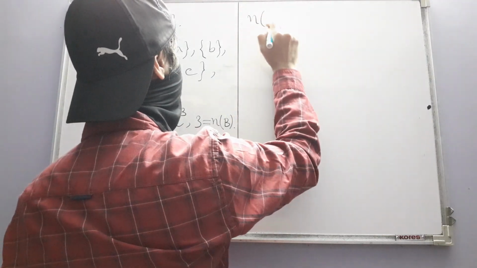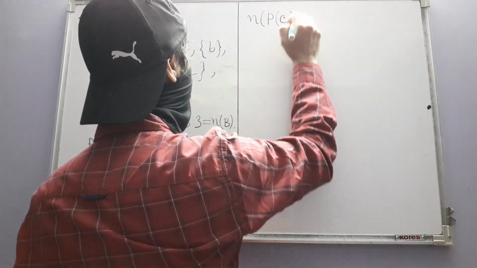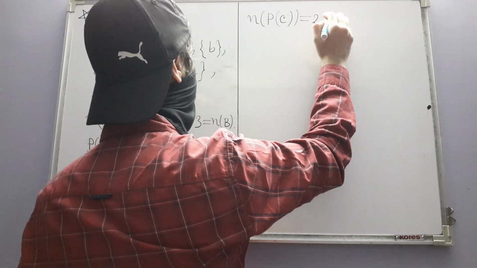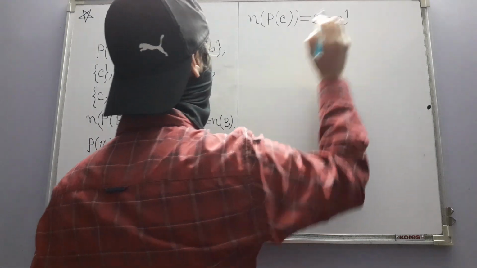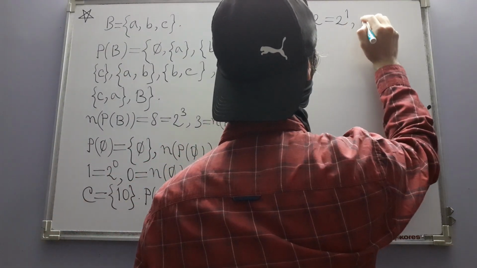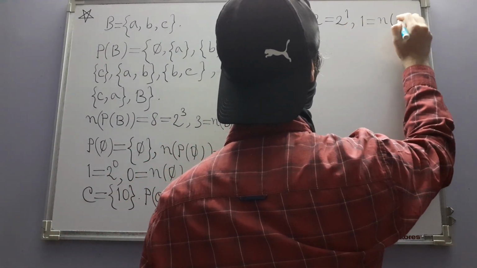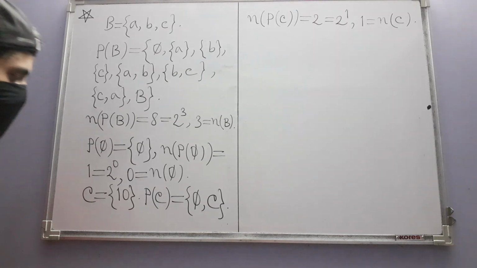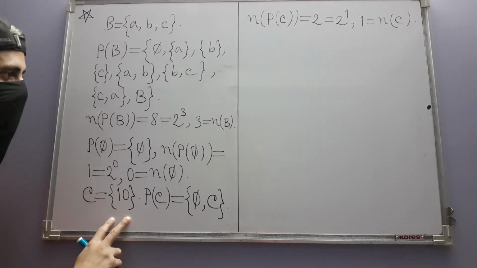The number of elements in P of C is 2, and here also 2 is 2 to the power 1, and that exponent is the size of the original set, because the original set was a singleton set.